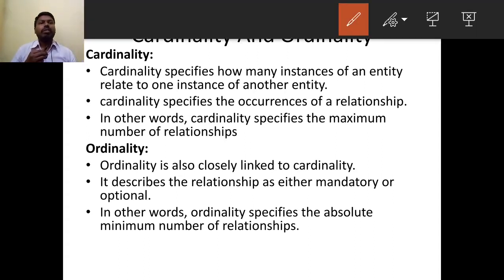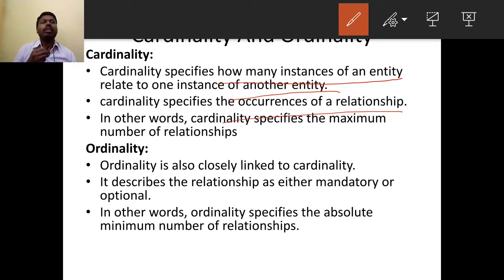Cardinality specifies how many instances of an entity relate to one instance of another entity. So what do we mean by cardinality? Here, cardinality specifies the occurrence of a relationship.